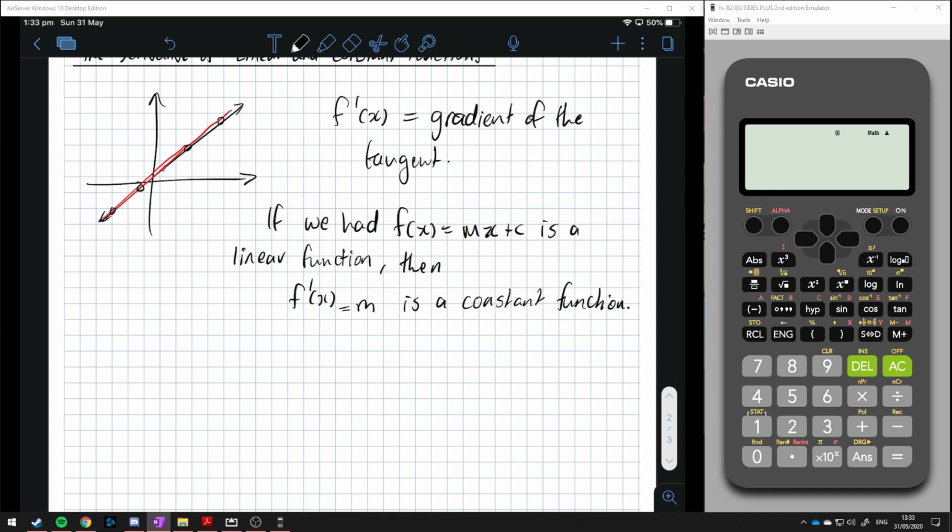For example, in function notation, if f of x is equal to 3x plus 2, then the derivative f dash of x is just equal to 3, because the gradient of that graph is 3, and all the tangents we draw are going to have gradient 3.